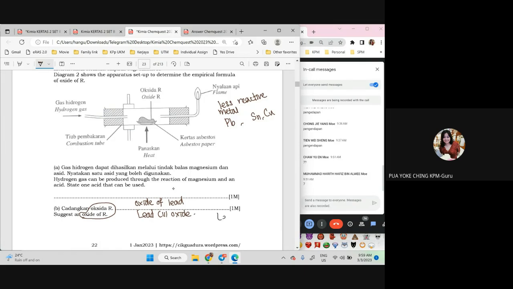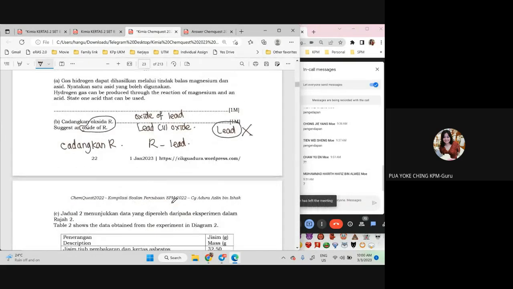Jangan tulis lead saja. Ini salah. Sebab dia bukan tanya cadangkan R. Kalau cadangkan R, so your R is lead. So kalau oxide of R, you kena tulis oxide of lead ataupun you write the name lead 2 oxide, copper 2 oxide. Okay? Perkataan oxide kena tulis, jangan buat logam saja. Okay? Yang ni memang diorang pantang.